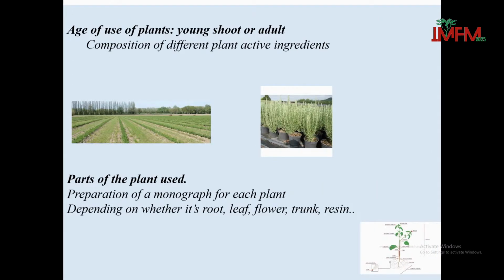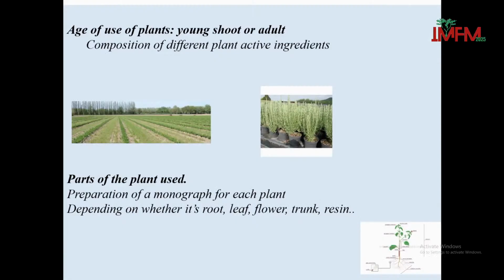It's important to know the age of the plant used, because when a plant is young, a shoot, or adult, the results are not the same. Pharmacological and phytochemical results might be different. We have to describe the part of the plant, because in the plant we have root, leaf, flower, trunk, resin.